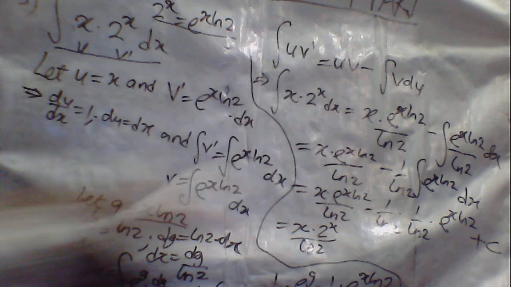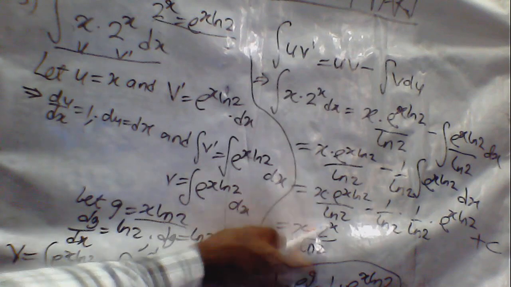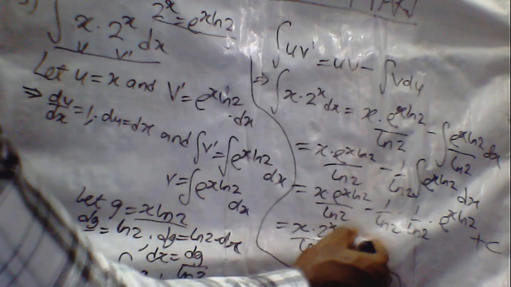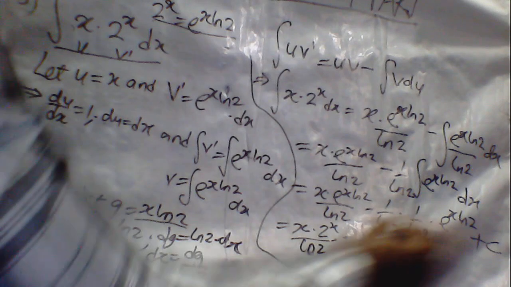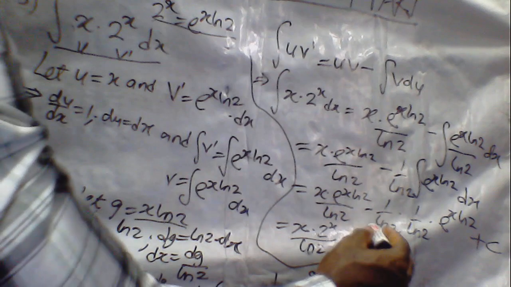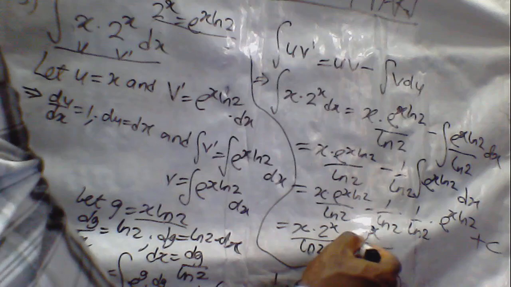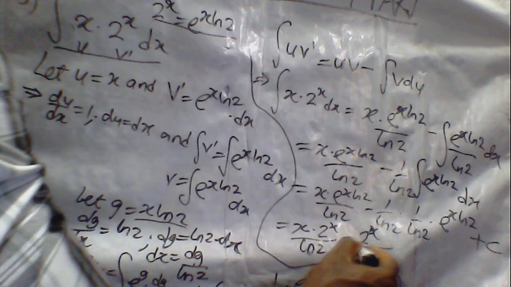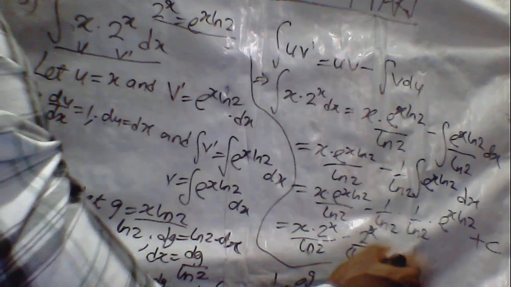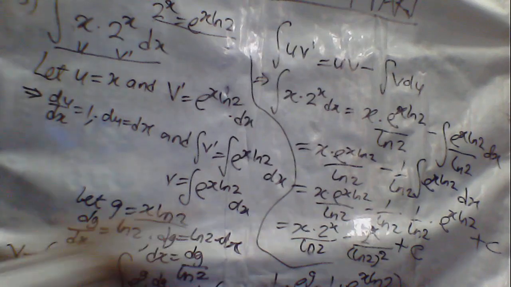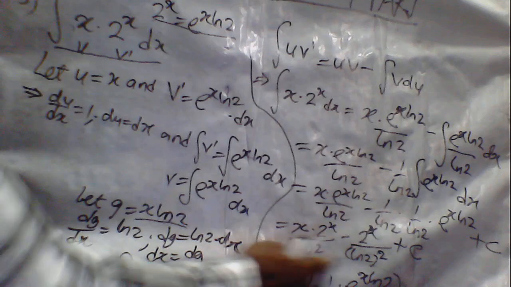Are you seeing it? s dot 2 raised to the power s divided by ln 2 minus, there are 2, so you substitute this by 2 raised to the power s divided by ln 2 all squared, because it's 2, plus c. So this is the final answer you are required to find.